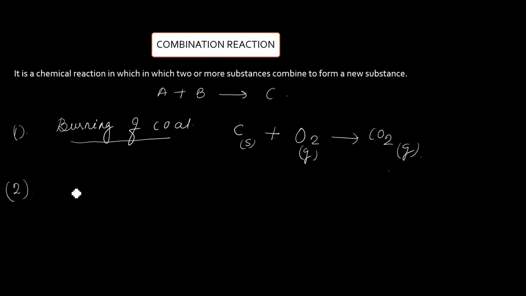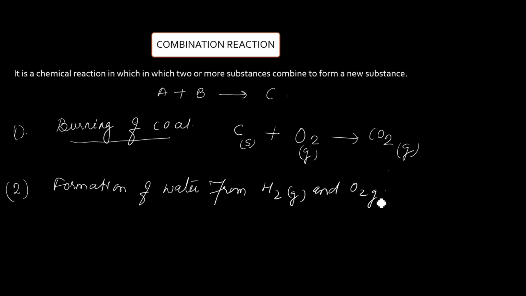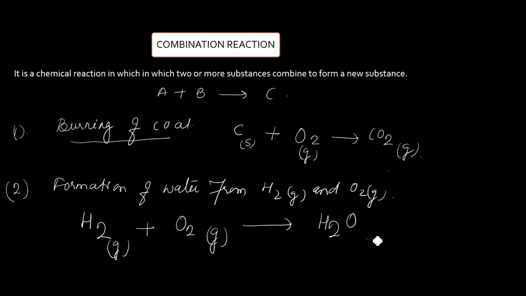Another example is formation of water from hydrogen and oxygen gas. Hydrogen in the gaseous state and oxygen also in the gaseous state give us water, H2O, in the liquid form.